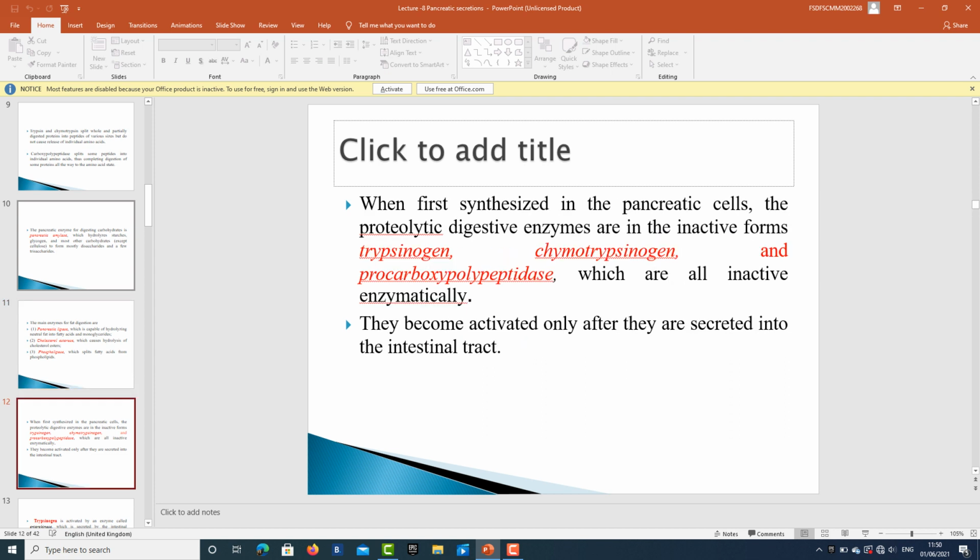When first synthesized in the pancreatic cells, the proteolytic digestive enzymes are in inactive forms, which are trypsinogen, chymotrypsinogen, and procarboxypolypeptidase, all inactive enzymatically. They become activated only after they are secreted into the intestinal tract.